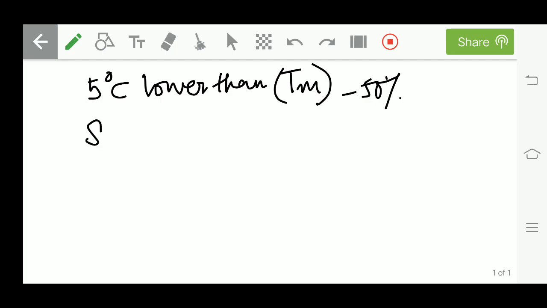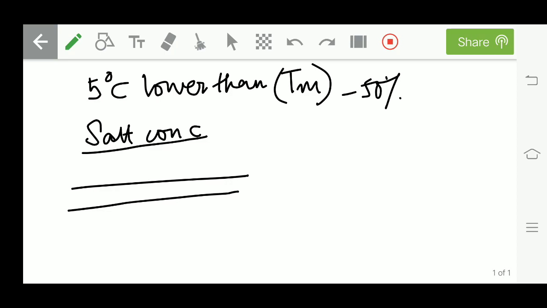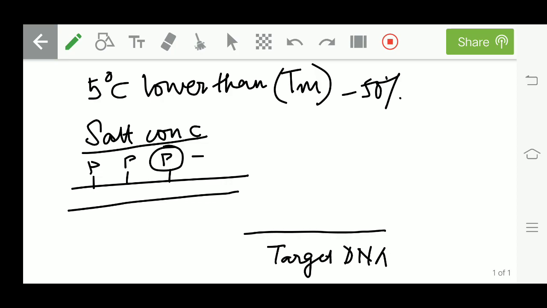When I am talking of salt concentration, you know that your DNA has a net negative charge because of the phosphate backbone. Suppose this is your target DNA with its phosphate backbone with negative charge, and this is the probe, which will also have a phosphate backbone with negative charge.